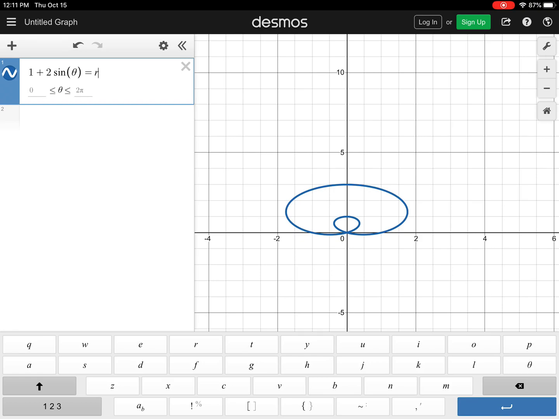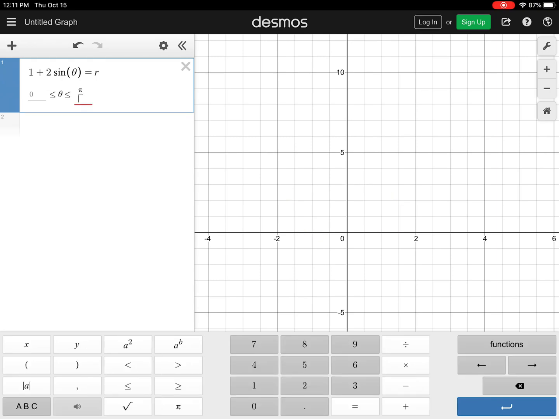Let's fool around with this for a second. Let's go from 0 to pi. Over 2. Yeah, so we could graph this by hand, it wouldn't be that hard. Oop, something's wrong. That's not it.